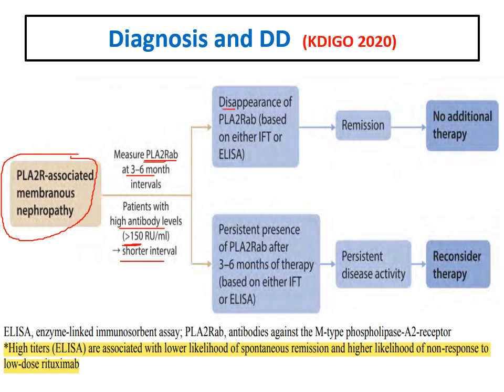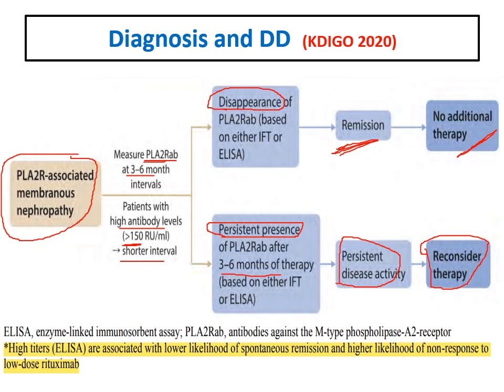In follow-up, if there is disappearance of the antibodies, this usually occurs with remission and no additional therapy is needed. If there is persistence of antibodies after 3 to 6 months of therapy, this usually denotes persistent activity and we should reconsider therapy, as we will discuss later.